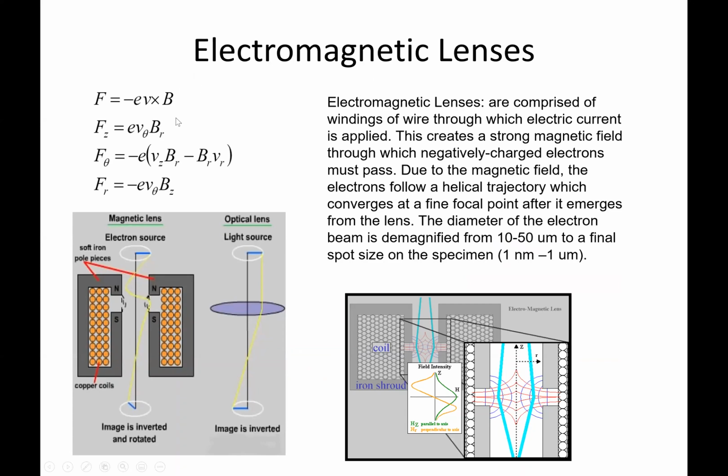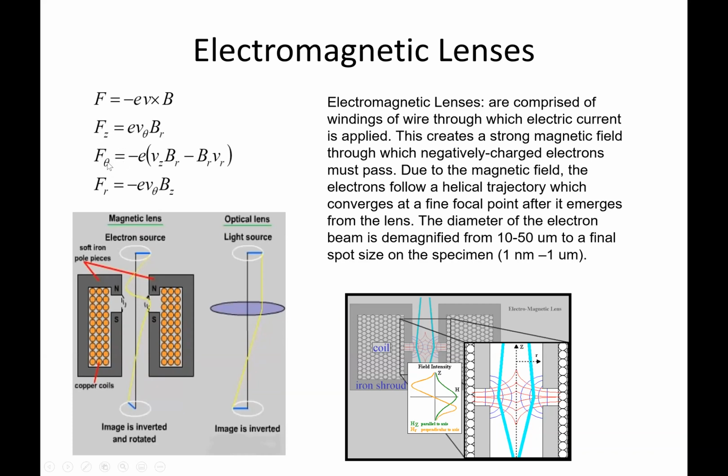When an electron travels in a certain direction and we apply a magnetic field, the electrons face a certain force. That is the Lorentz force. These charged particles are subject to a certain force by applying the magnetic field.